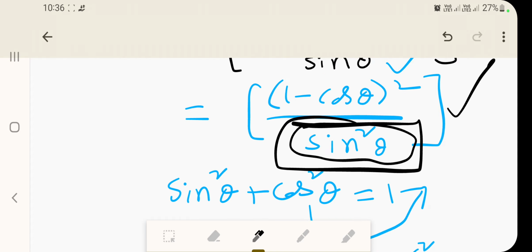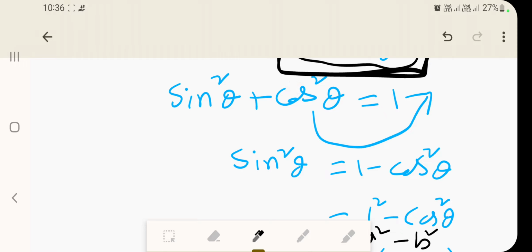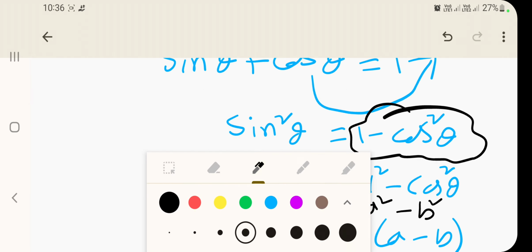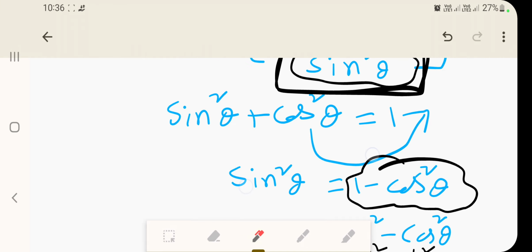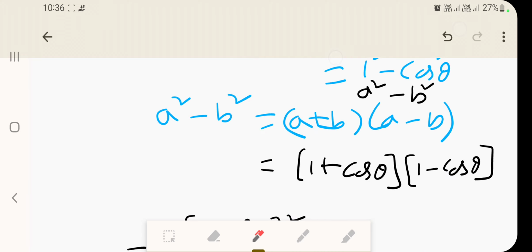This sin square theta we first replace with 1 minus cos square theta, using the identity sin square theta is equal to 1 minus cos square theta.